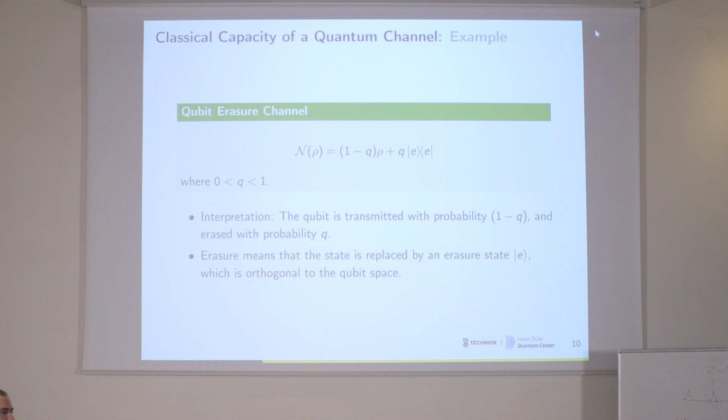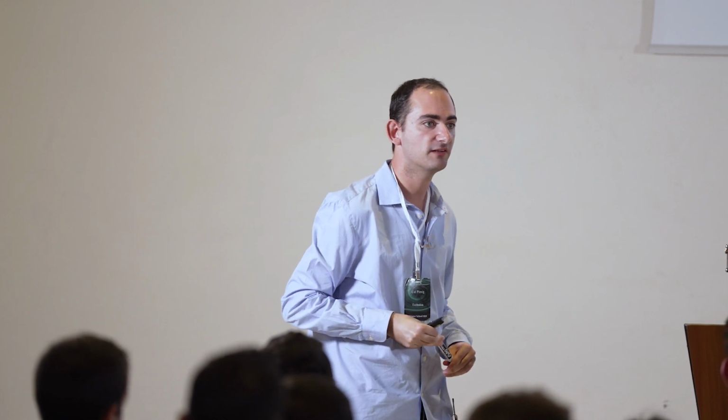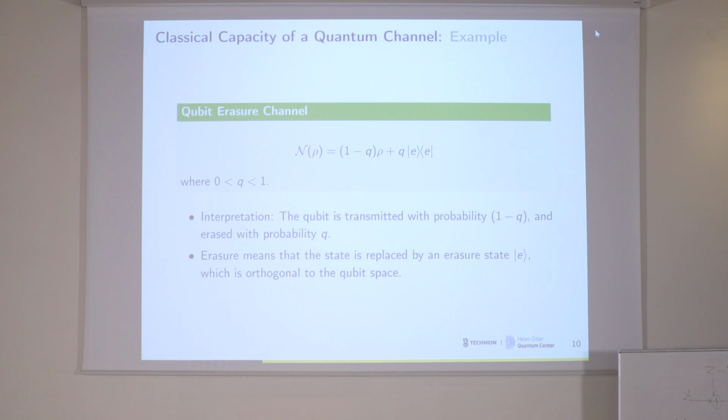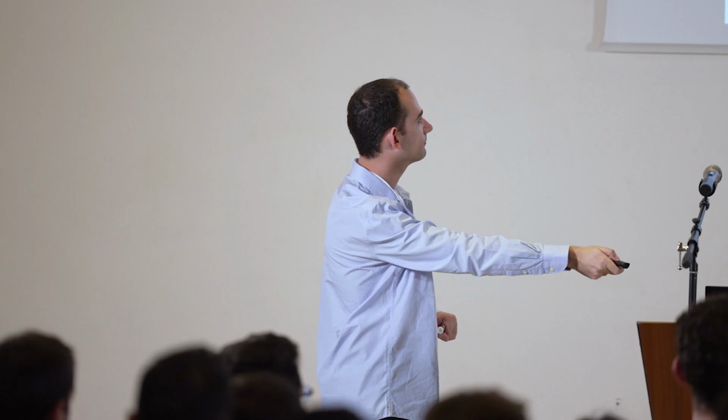Okay, let's look at another example. This is called the qubit erasure channel. With probability 1 minus q, I get the qubit state as it was. And with probability q, the qubit state is replaced by a new state called the erasure state, E. This erasure state is orthogonal to the qubit state.